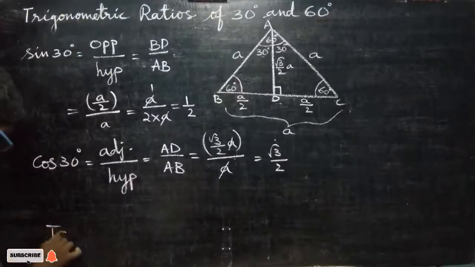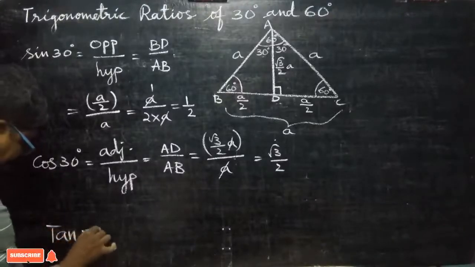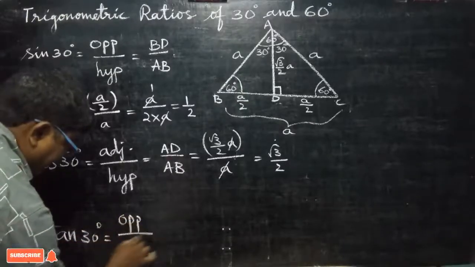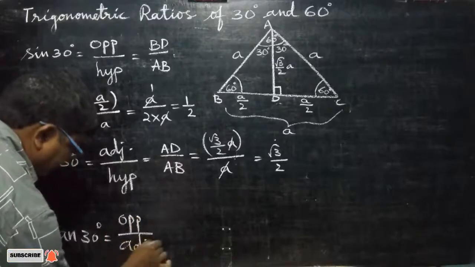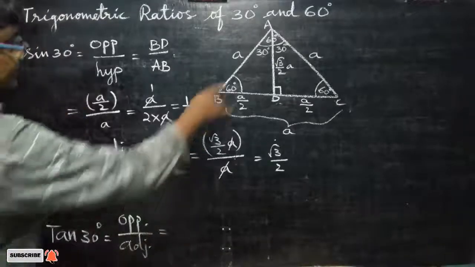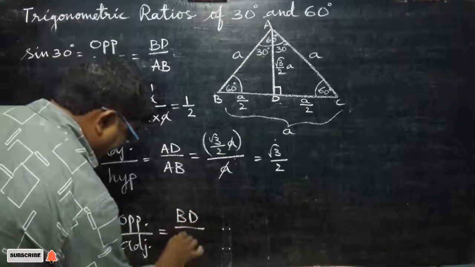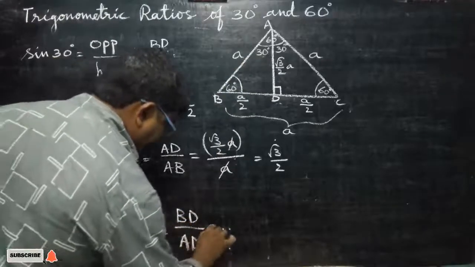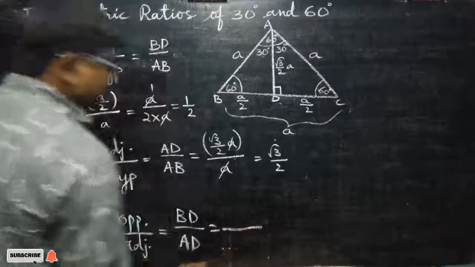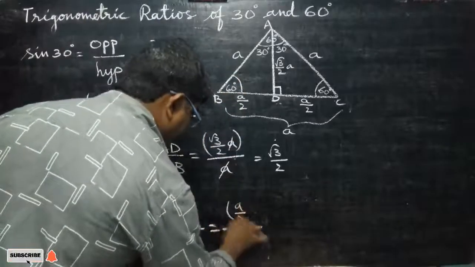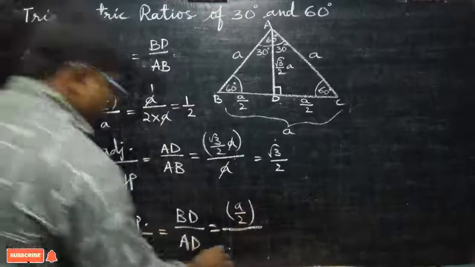Coming to tan 30 degrees. Tan 30 degrees means what? Opposite side to 30 degrees by adjacent side to 30 degrees. Now 30 degrees opposite is BD and adjacent is AD. So that is equal to, now BD how much? A by 2 numerator, and AD how much?